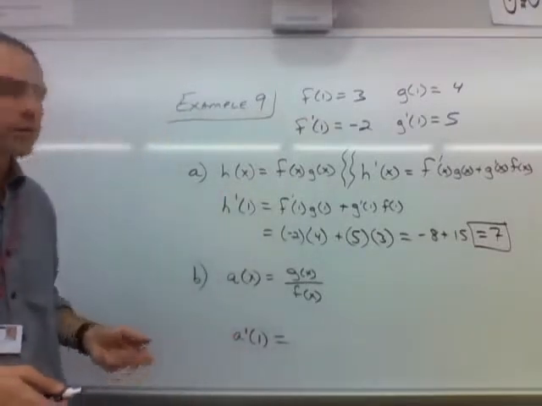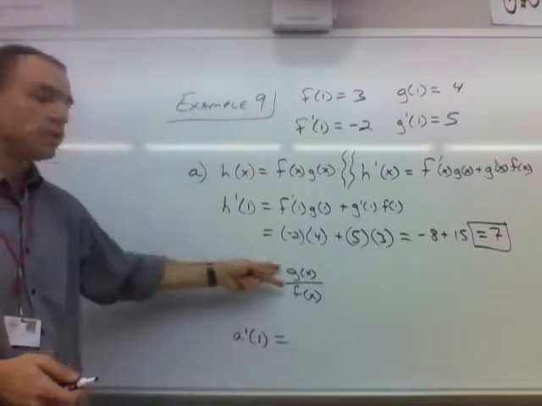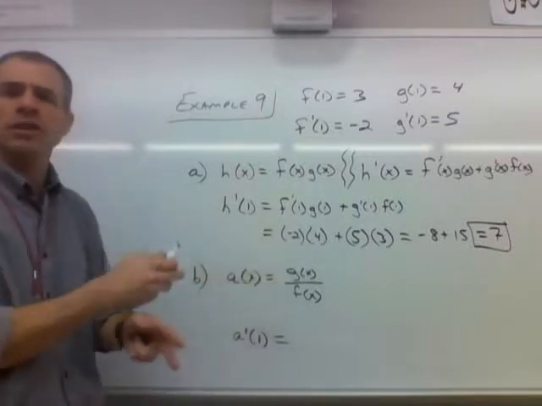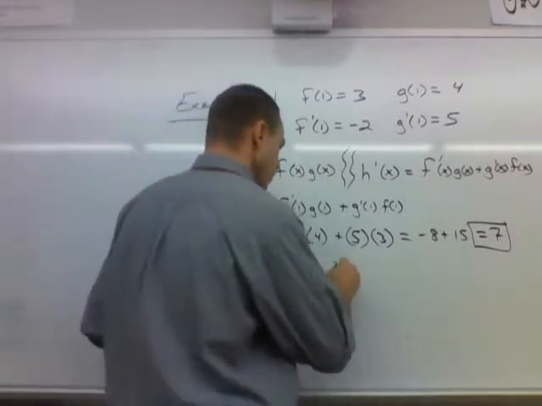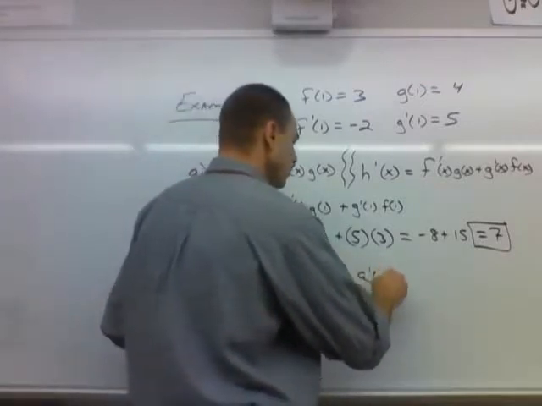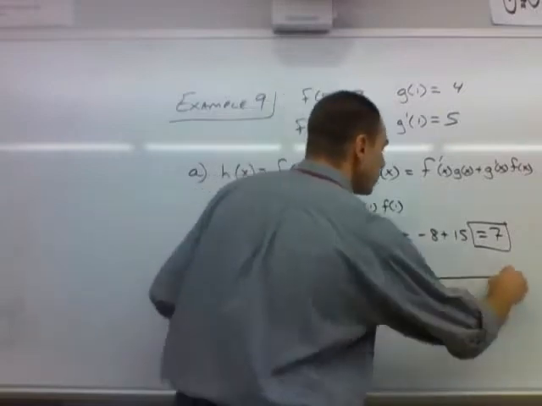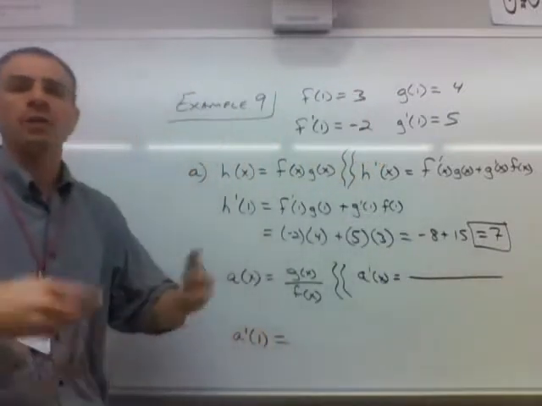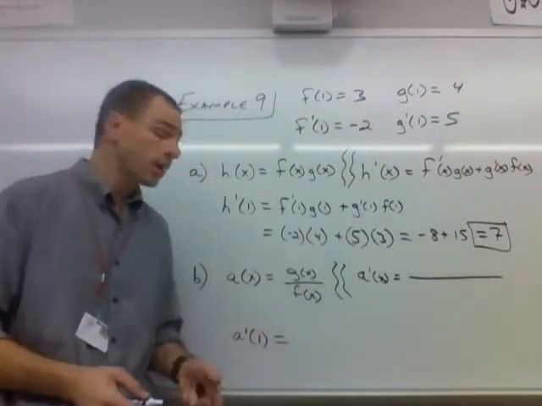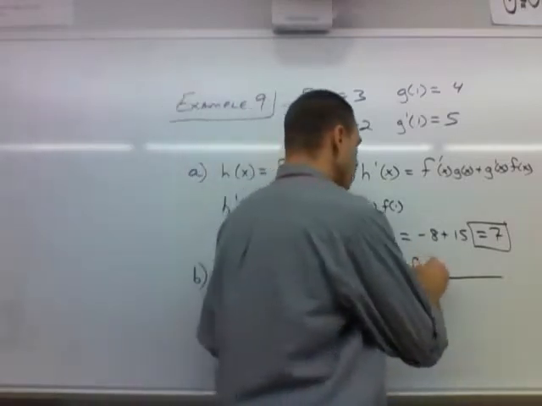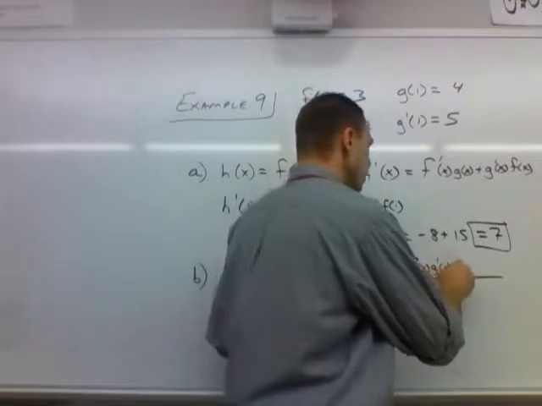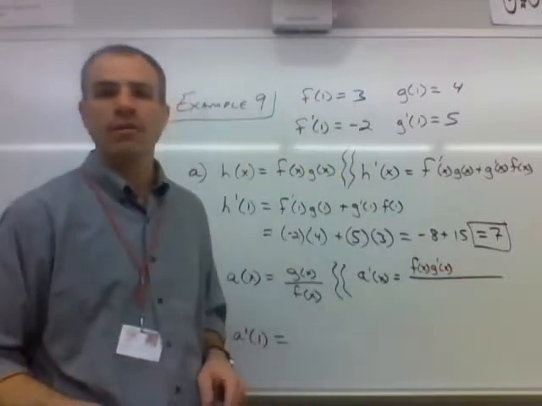With regards to the quotient rule, a of x is g divided by f. Kind of switched it from before. Okay, so let's get a prime, the derivative of a, using our quotient rule: bottom d top minus top d bottom all over bottom squared. Bottom times the derivative of the top. So f of x times the derivative of the numerator, g prime of x.